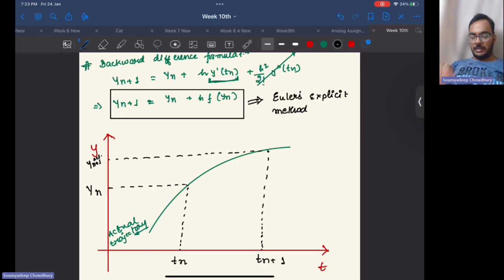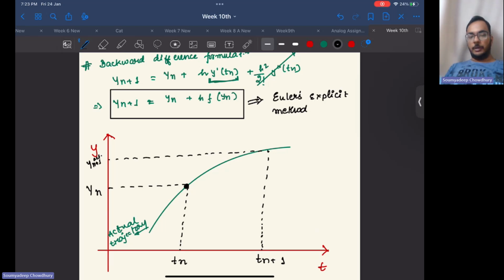Now, according to this equation, how do we find out yn plus 1? It is yn, that is this value, y intercept, plus h times f of yn. What is f of yn? F of yn is the slope of the function at tn. So it is the slope of the function at this point.